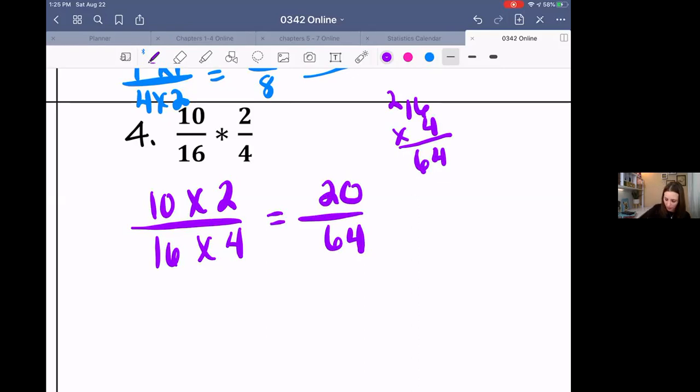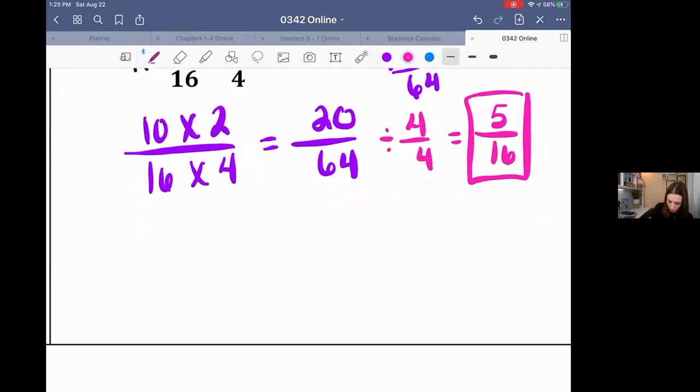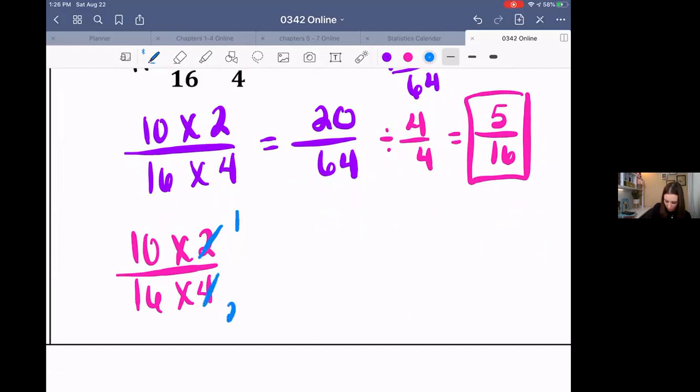And then reduce by 4. I think 4 is the largest. We'll just try it. Yeah, that looks right. So that is how you do it without reducing first. If you had chosen to reduce first, then you could reduce these by 2 and these by 2.